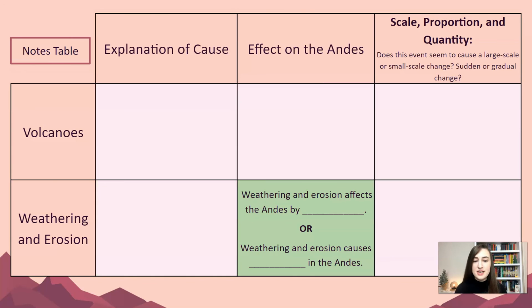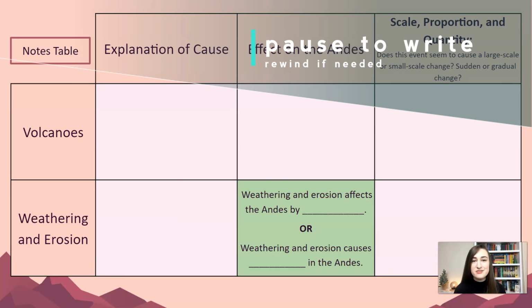Okay, and we're moving on to the next cell, effect on the Andes. What is the effect on the Andes that weathering and erosion have? So you can start off by saying weathering and erosion affects the Andes by, or you can say something like weathering and erosion causes blank in the Andes. Pause this video to finish your answer.